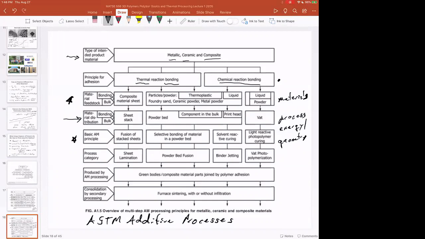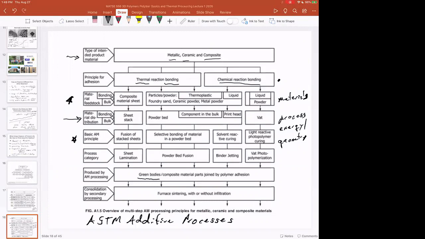Okay, so we have the principle, we have the process category, and then this one is really interesting. And this term, I don't know if people know about it other than if they've studied ceramics or these sintering processes, but green bodies. So green body in traditional ceramics describes a part that's shaped but doesn't yet have the final properties because it hasn't been sintered or it hasn't been compacted.